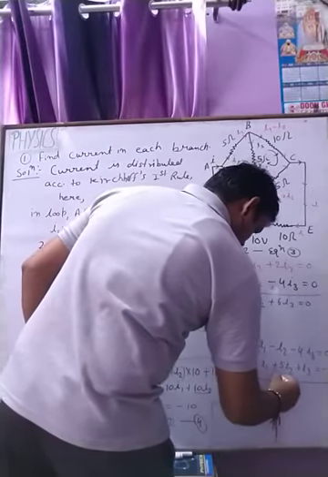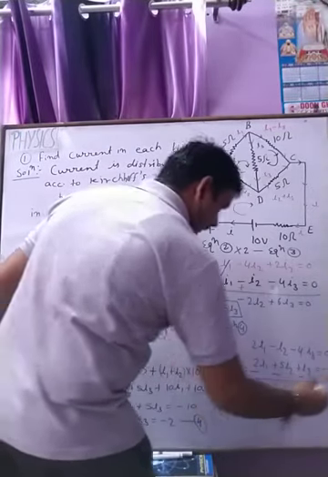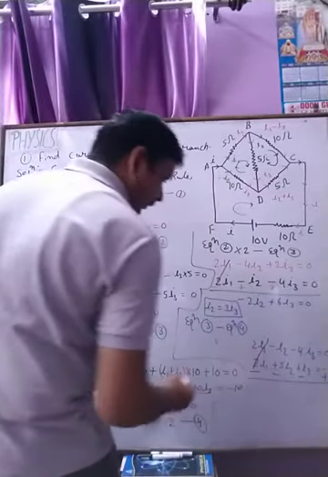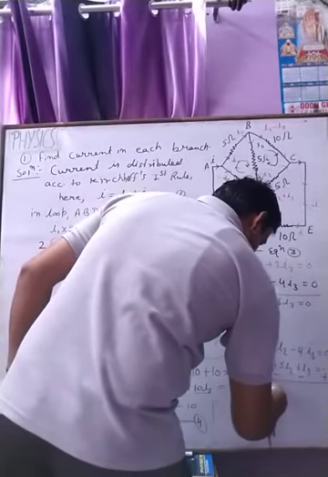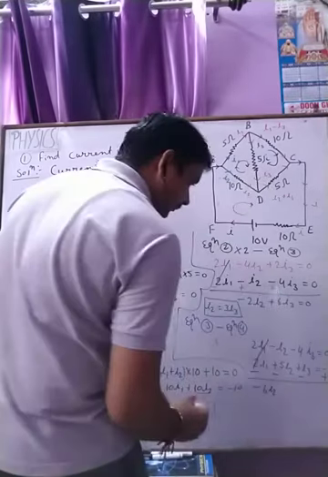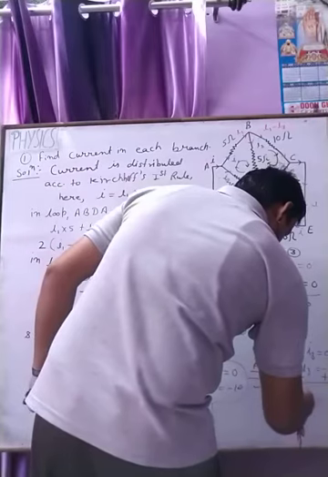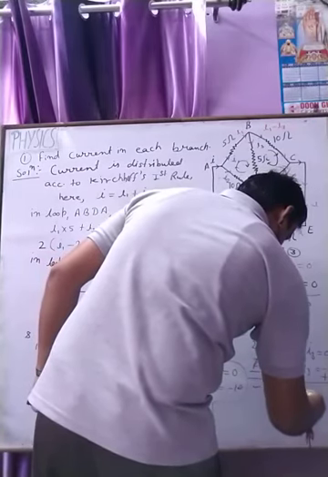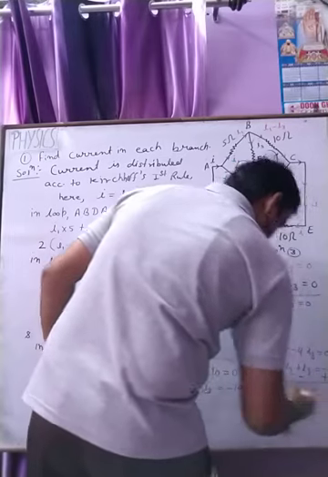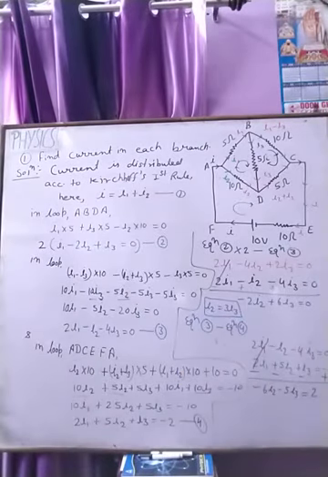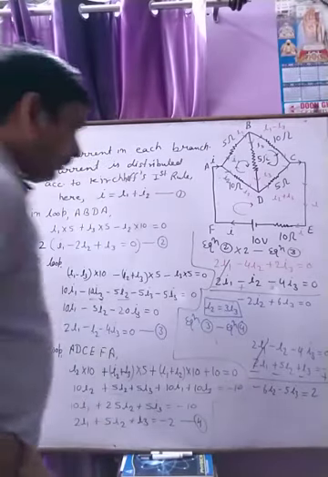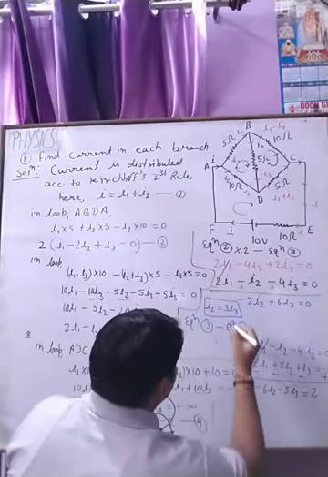On subtracting, minus minus minus and this will become plus. So this is cancelled. We find minus 6I2 minus 5I3 equal to 2.